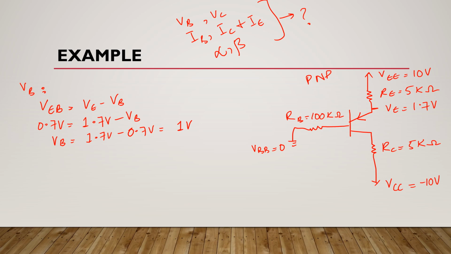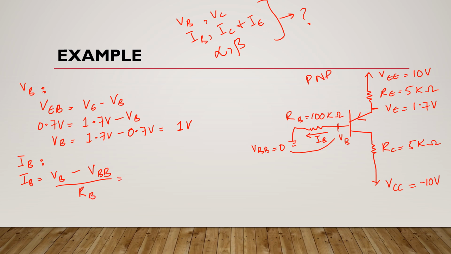Okay. Now we will find base current IB. If we look at this terminal only, here we have VB. It means now VB is at higher potential and current IB is flowing in this direction. So this IB is equal to VB minus VBB divided by RB.